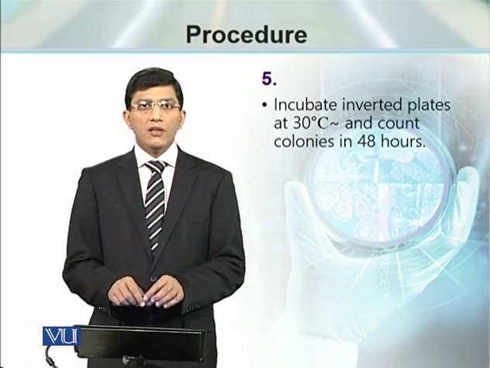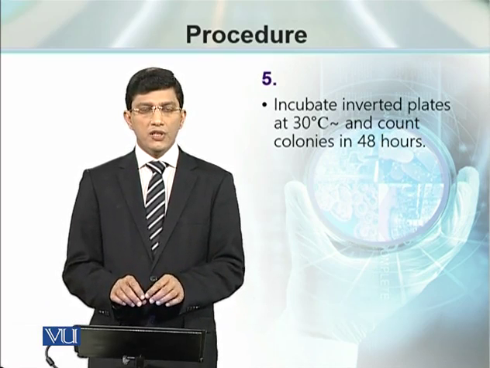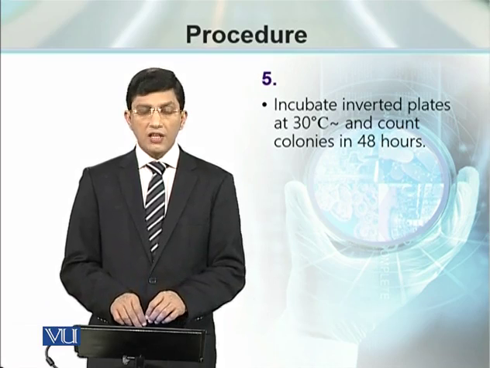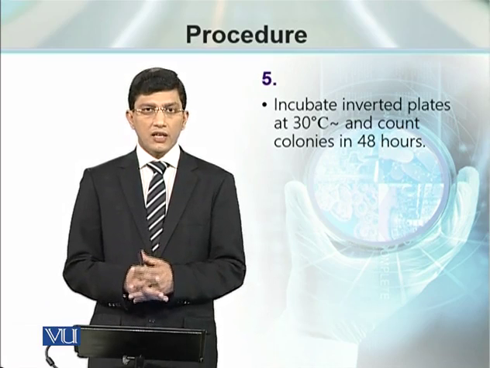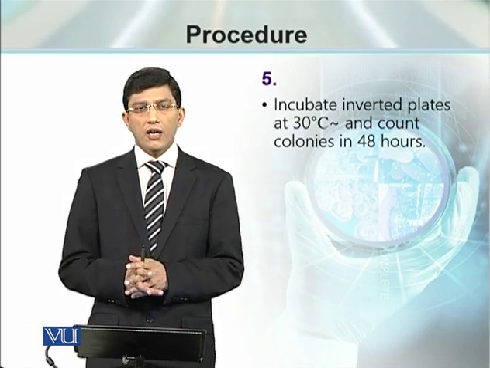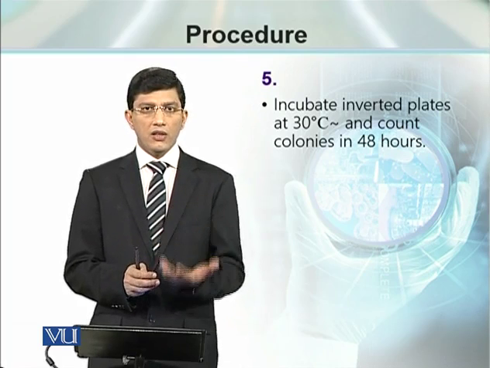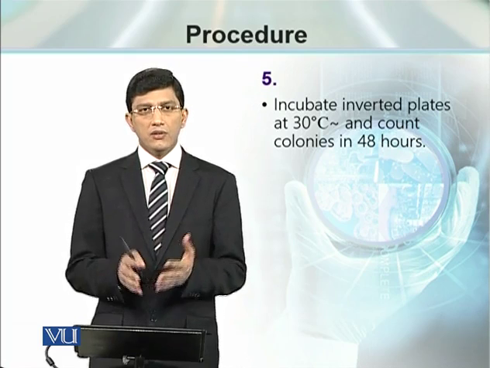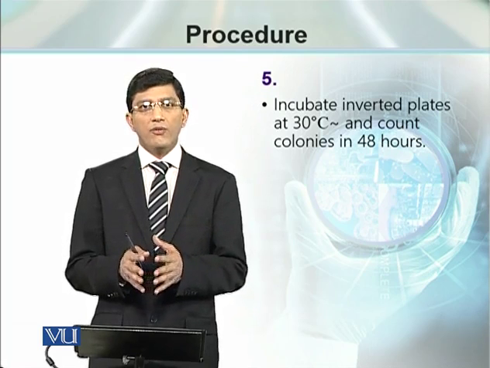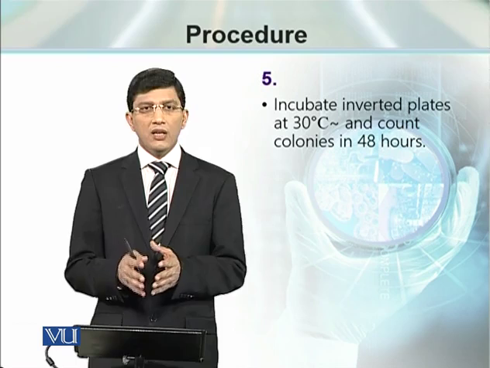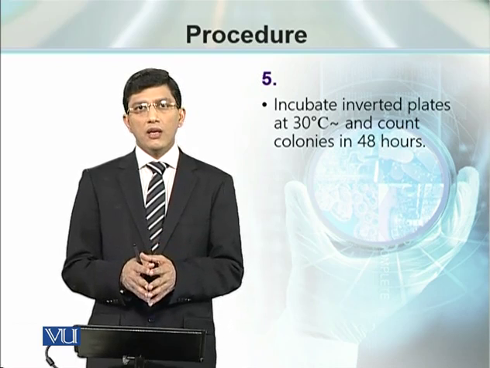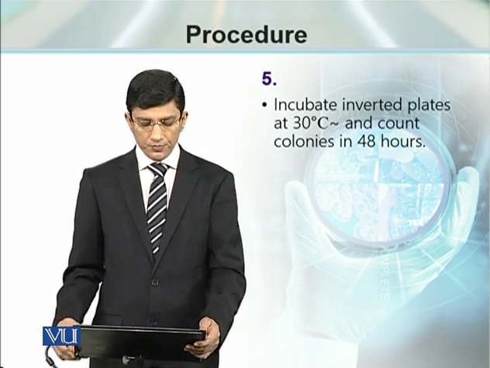And again, incubation of these plates at 30 degrees centigrade for a period of 48 hours. After 48 hours, we have to count the colonies in the two media, in the two plates, and we have to find out what is the difference between the growth rate.